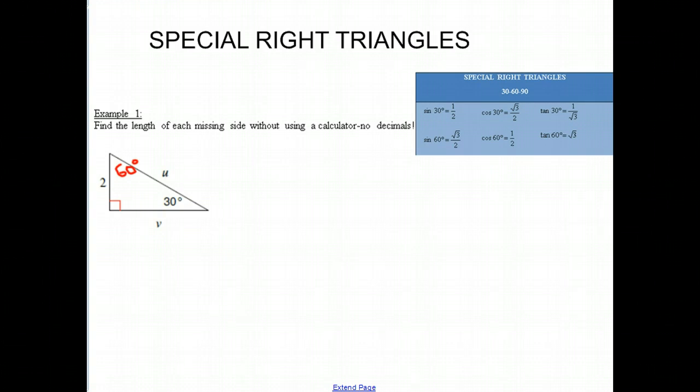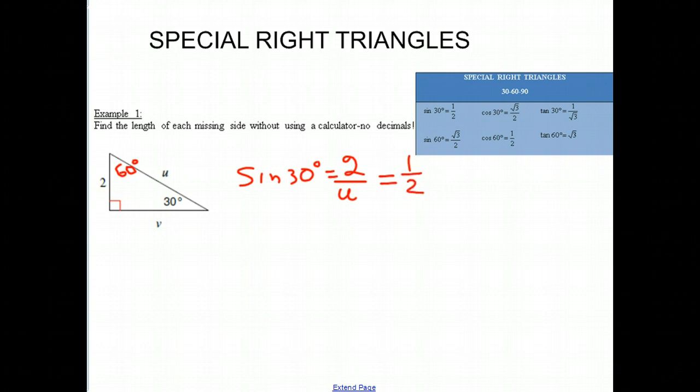If we want to find u, we can simply say the sine of 30 degrees is equal to its opposite side over the hypotenuse u. And now we know that the sine of 30 degrees is a half, so we simply say that's equal to a half.